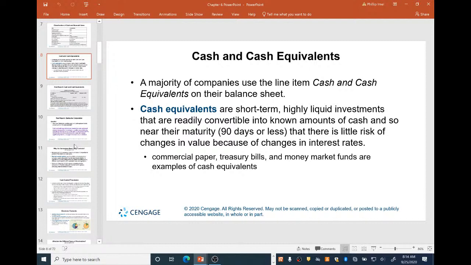So it says here cash equivalents are short-term, highly liquid investments. So it could be an available for sale, whatever it would be, and however you're holding it. If the maturity date is less than 3 months, then it's considered a cash equivalent.